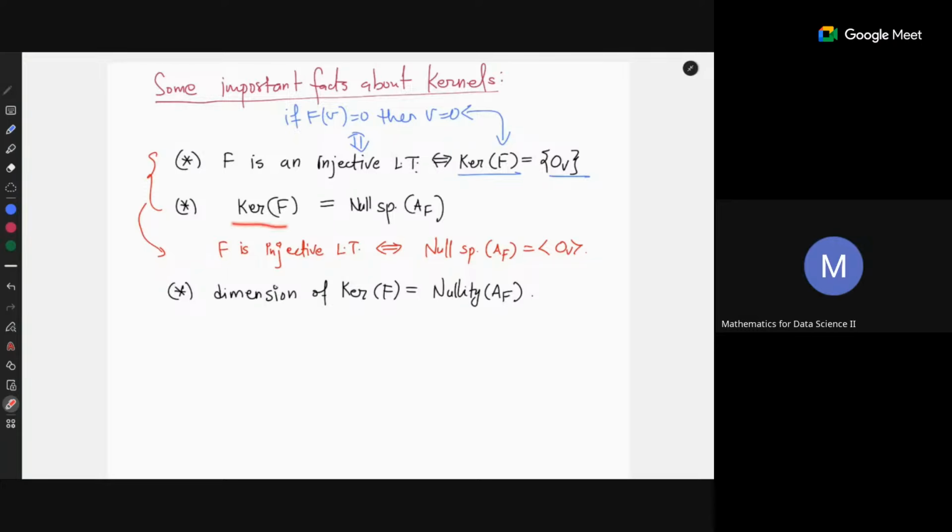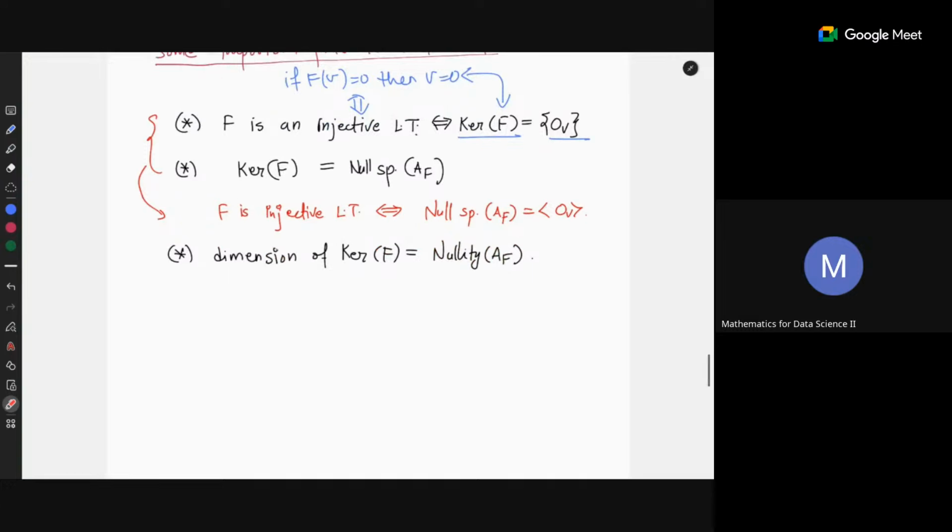And we have already seen that the kernel of F is nothing but the null space of the represented matrix. So when can we say our linear transformation is injective? When the null space of the represented matrix is 0. And when do we say that the null space of the matrix is trivial? When it has full rank, right? There is no independent variable there.